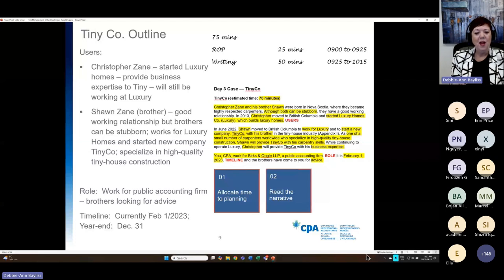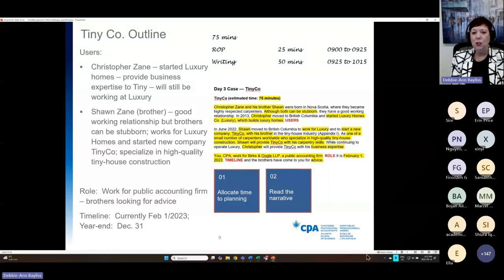So step one is to allocate the time to planning. CPA Canada recommends that you take 25 to 30% of the length of that case, the recommended length, and you allocate it for reading, creating your outline, and planning. This best practice I'm going to show you takes 25 minutes.